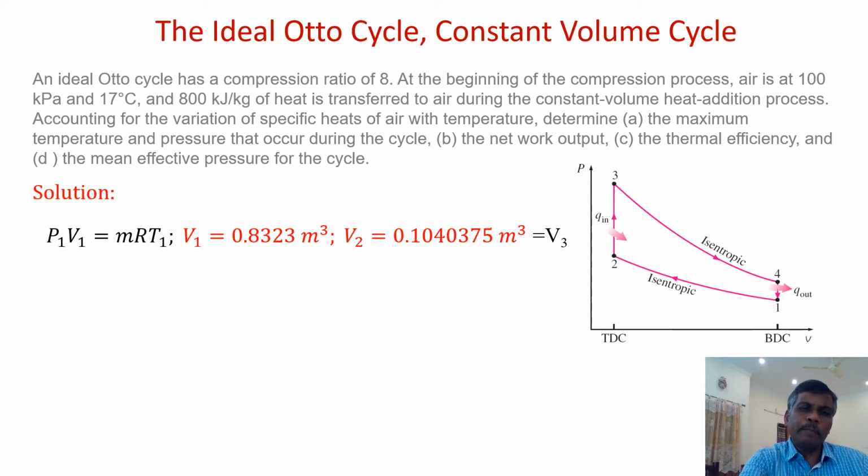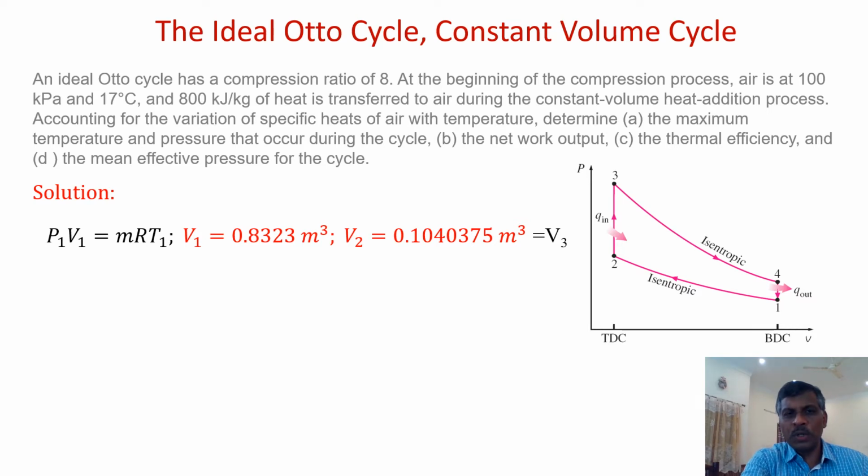The basic equation always remains PV equal to mRT, that is a basic equation, you know that. R is equal to 0.287 kilojoule per kilogram Kelvin. m is equal to 1, T1 is 290, P1 is given as 100 kilonewton per meter square. Just apply it, you can get the exact value of V1.